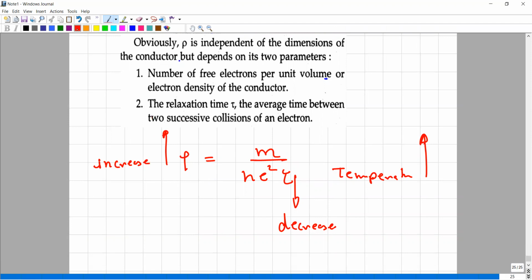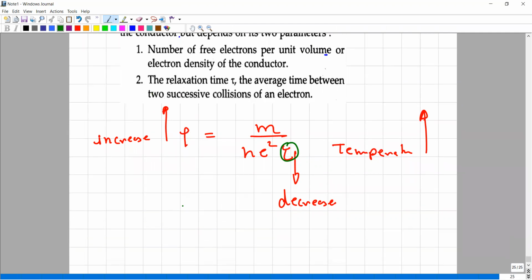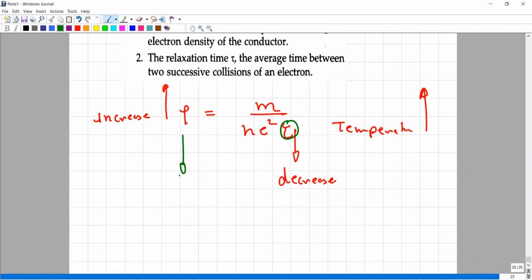When you increase the temperature, the relaxation time decreases because there is less time between two collisions. This is in the denominator, so rho, the resistivity, will increase. If this increases, then resistance R will also increase.